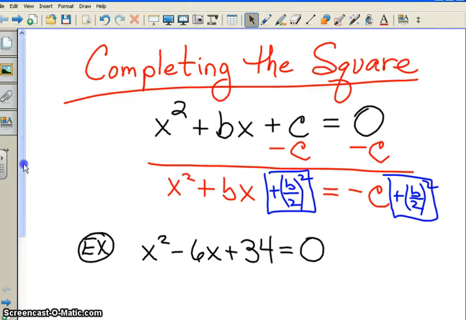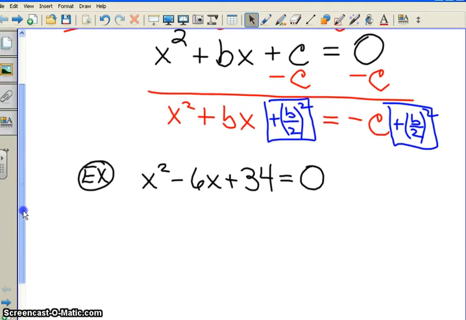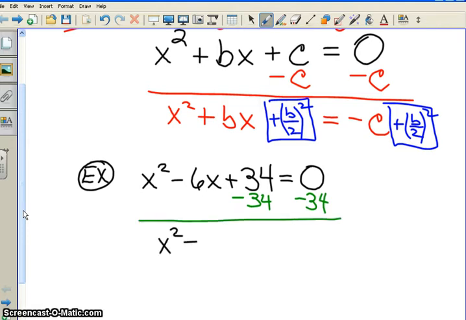If I want to find the zeros by completing the square, the first thing I'm going to do is move the 34 to the other side. Opposite operation to move it. So now I have x squared minus 6x, I'll leave a little space for my magic number, equals negative 34.